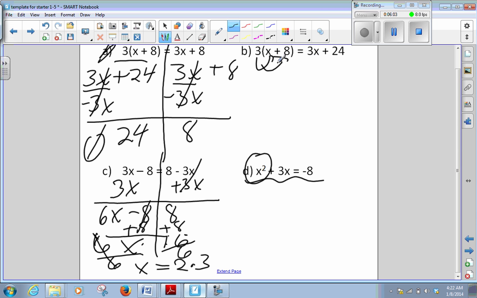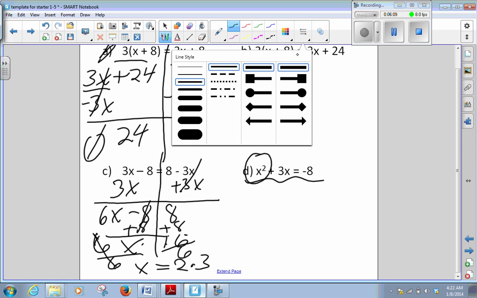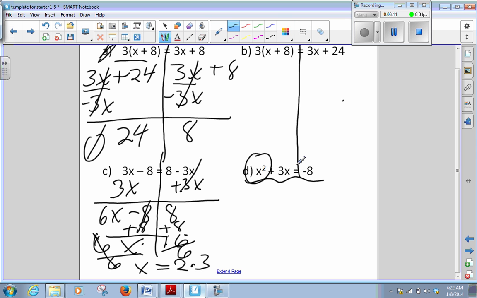So I've got to do my distributive property, of course. I'm going to do that after I draw my lazy river ride down through the middle. So 3 times x is 3x. 3 times 8 is 24. So this will be 3x plus 24 is equal to 3x plus 24.